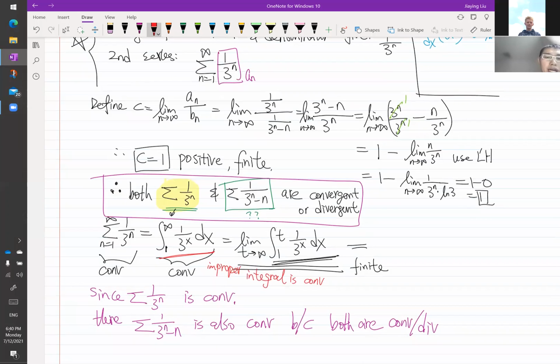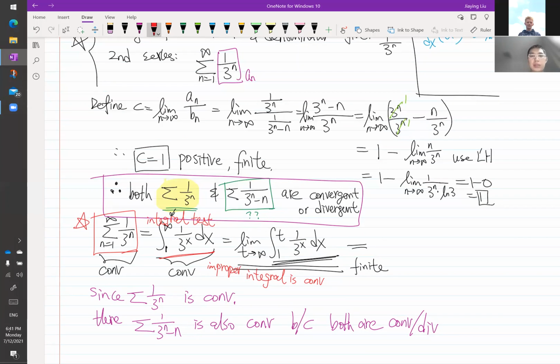This is the integral test to determine if this simpler series is convergent or not. Okay, thank you. That makes sense. After we conclude that the simpler series, the one that I picked, is convergent, then since both of them behave the same way, if one is convergent, the other one has to be convergent.